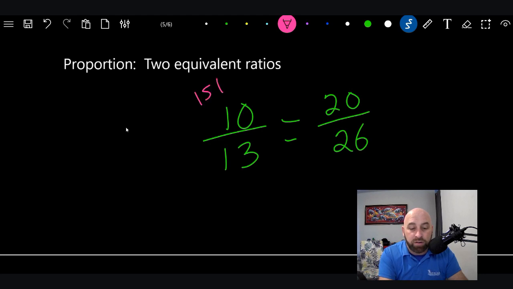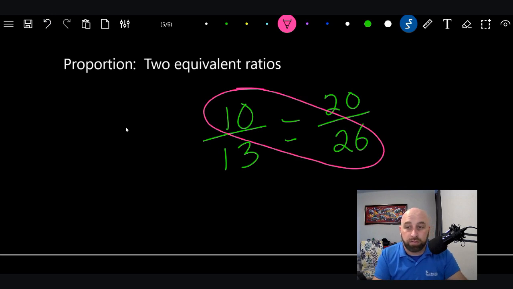Here's the first term. This is the second term. This is the third term. And this is the fourth term. 1, 2, 3, 4.